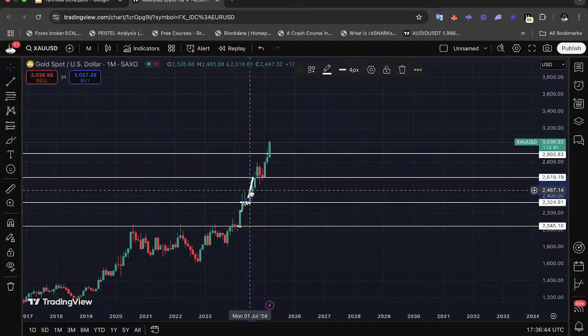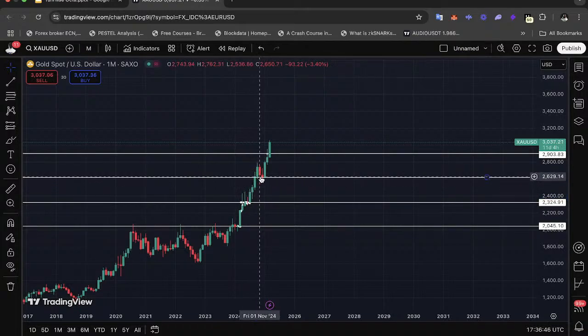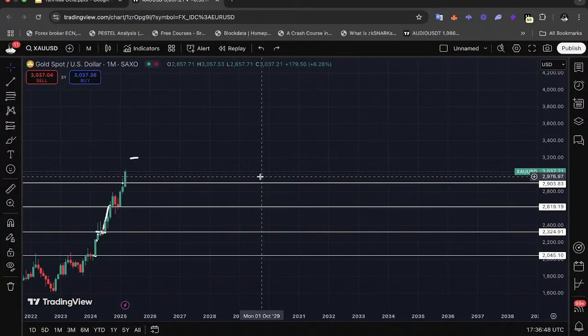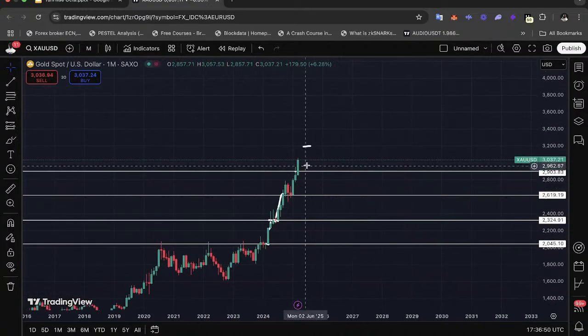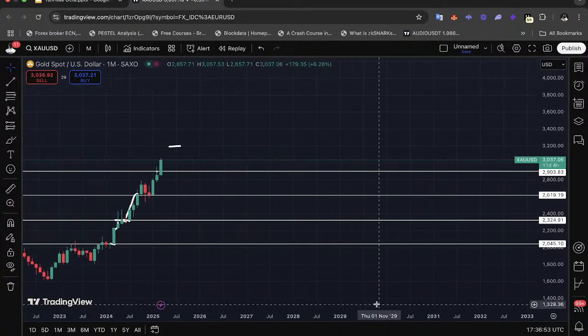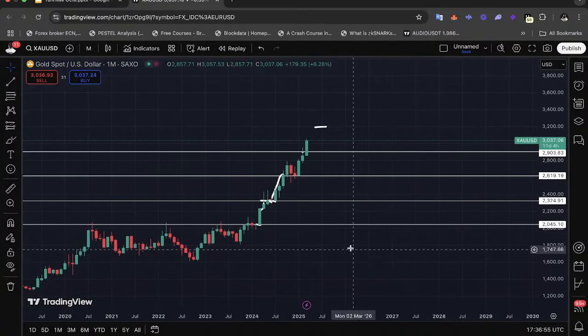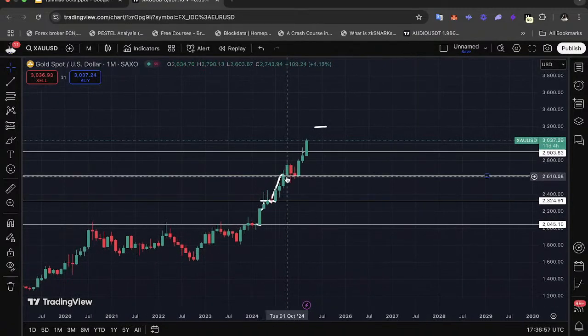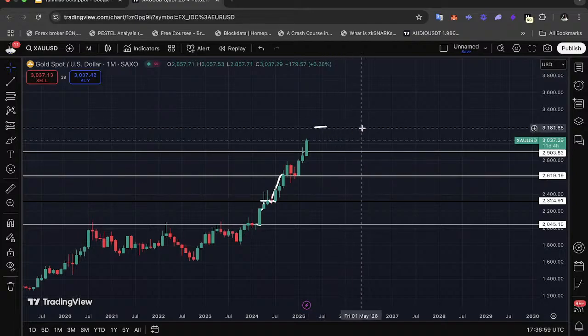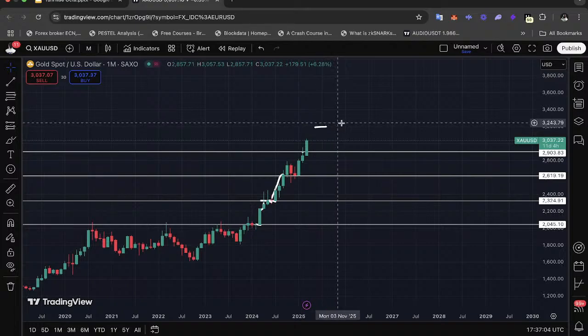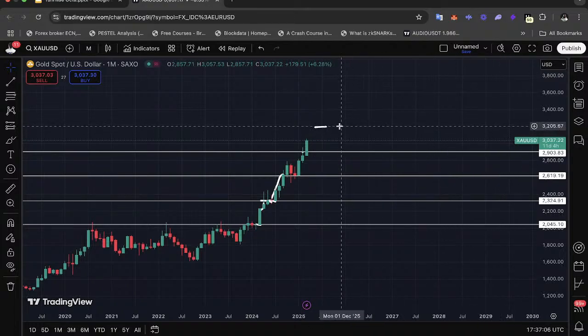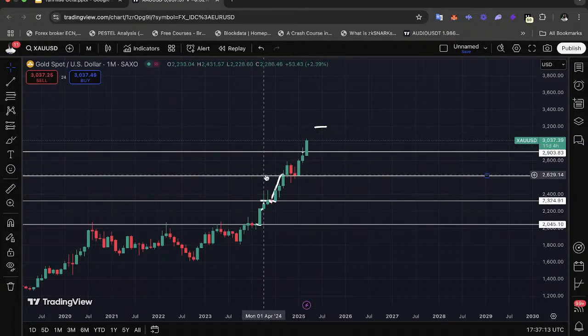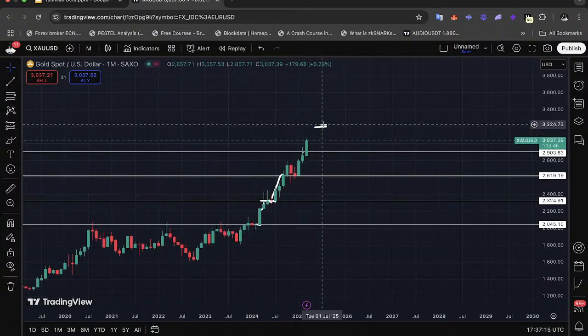If you had seen our previous webinar, I had shared that gold's next touch is 3,200. That was my previous forecast, and that was why I put this mark here as our target level on gold.